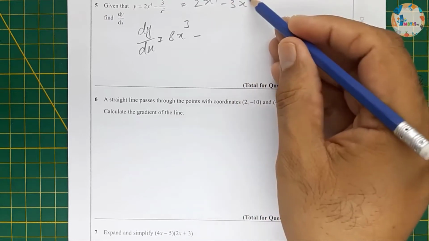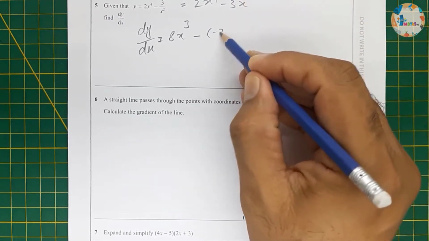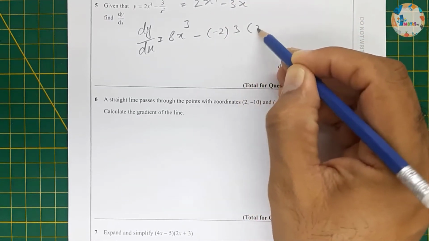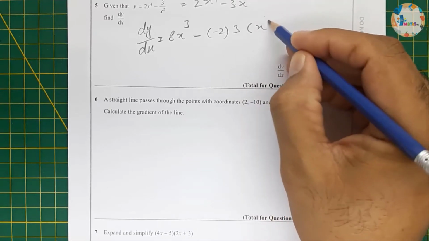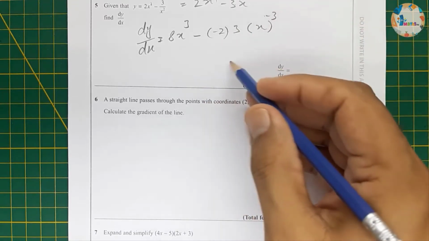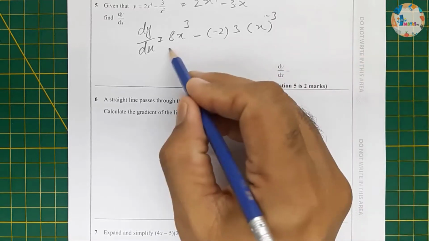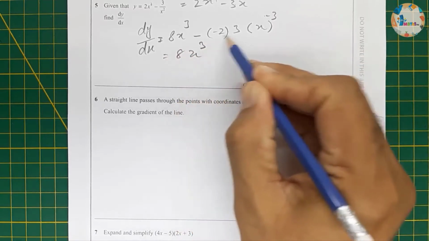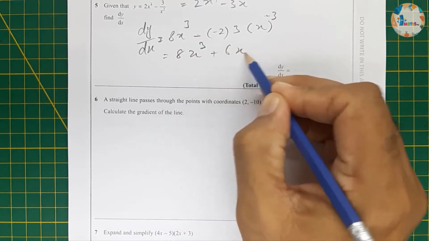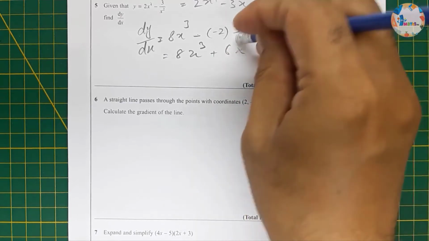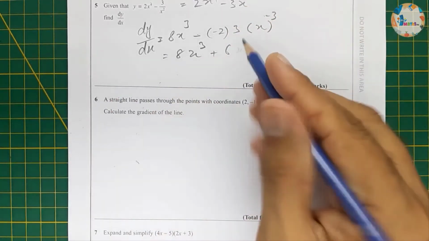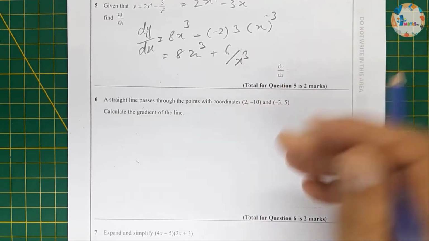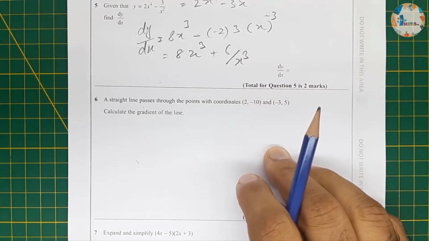Now we can differentiate this. Minus 2 we will pull down first, and 3 into x raised to minus 3. We can simplify this as plus 6, and write x cubed in the denominator so that we get a positive power. So this will be our answer.